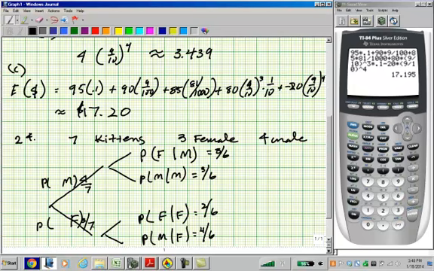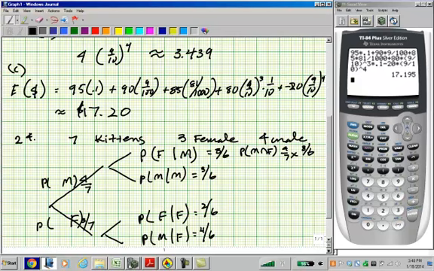Now, what's the probability that you get a male and a female? That's going to be 4/7 times 3/6, along this branch here. In other words, the probability of a male times the probability that you get a female given you got a male.